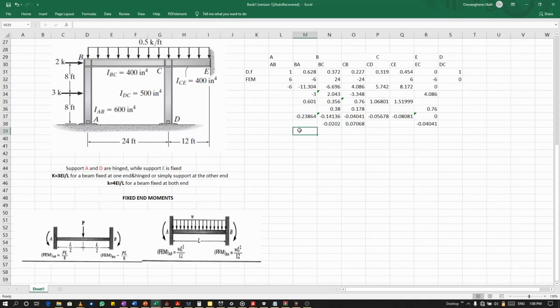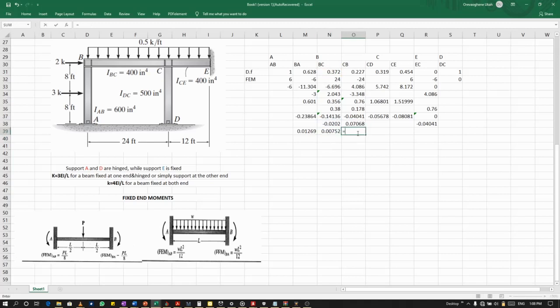So let's balance again. This times our distribution factor. Sorry, I forgot to add my minus sign. Remember, we're balancing. All right, so this minus this times this.